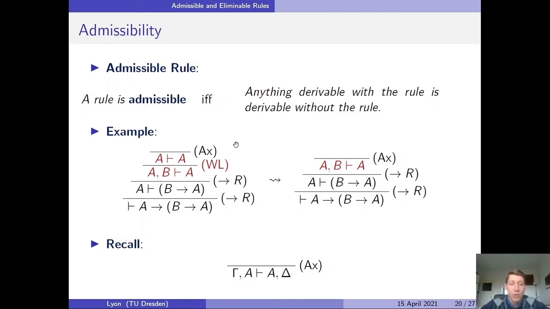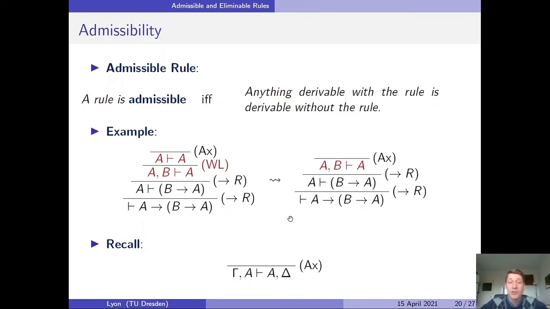In other words, here on the left-hand side of the slide, we have a derivation which makes use of the weakening left rule, and we can see that we can obtain a derivation without weakening left, which derives the same conclusion. So this shows that, at least with respect to this derivation, the weakening left rule is admissible, that this conclusion which is derivable with it is derivable without it.